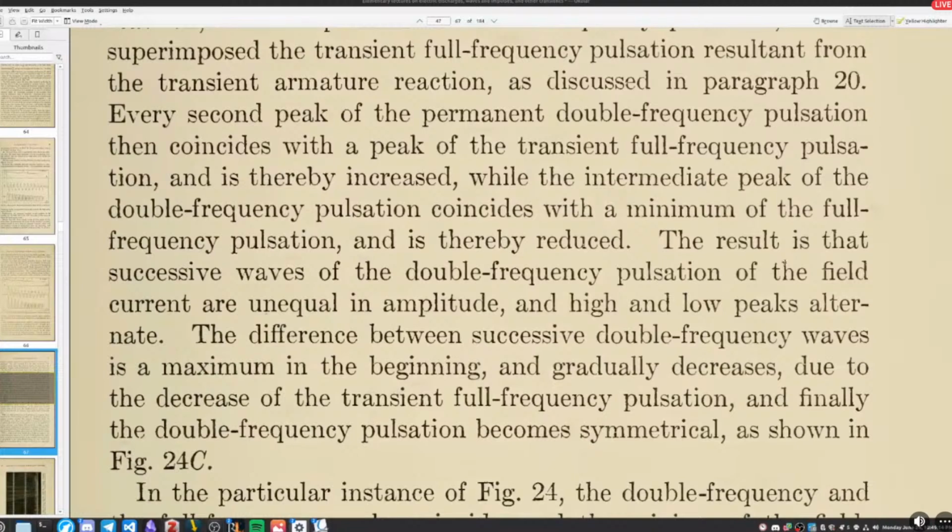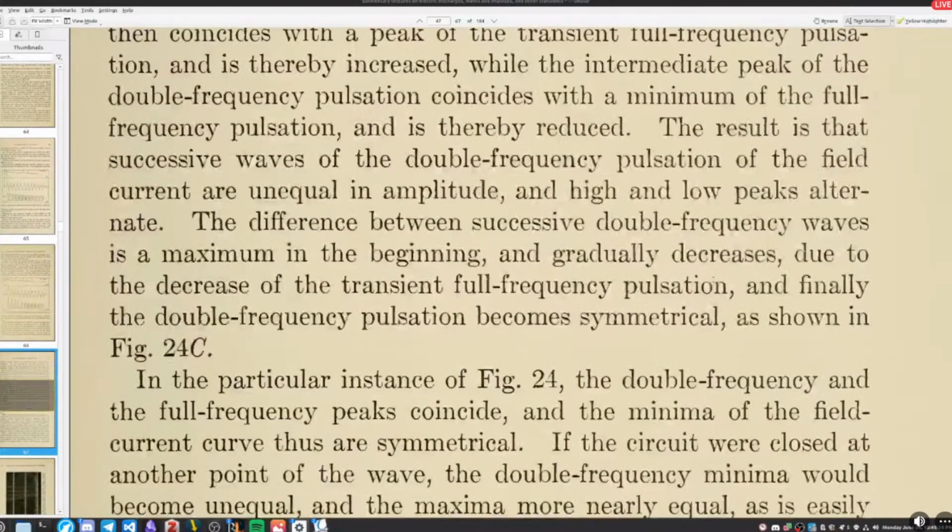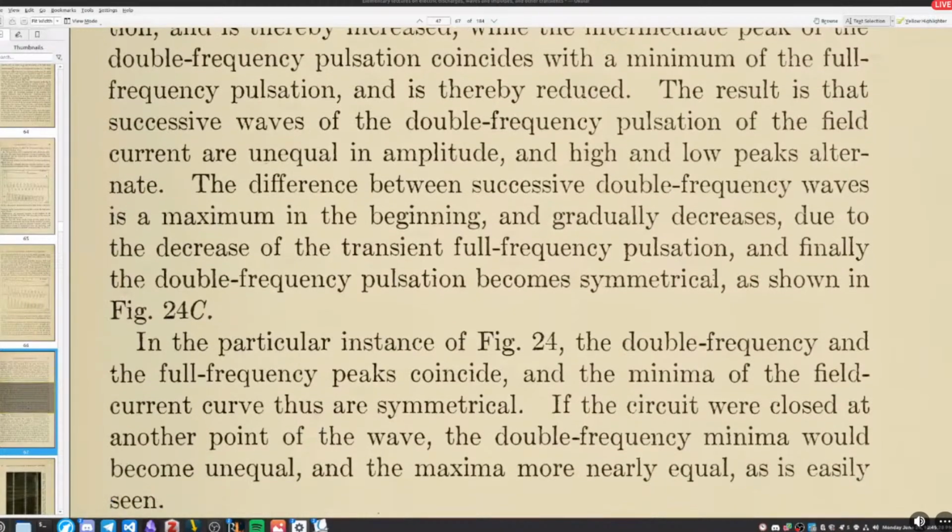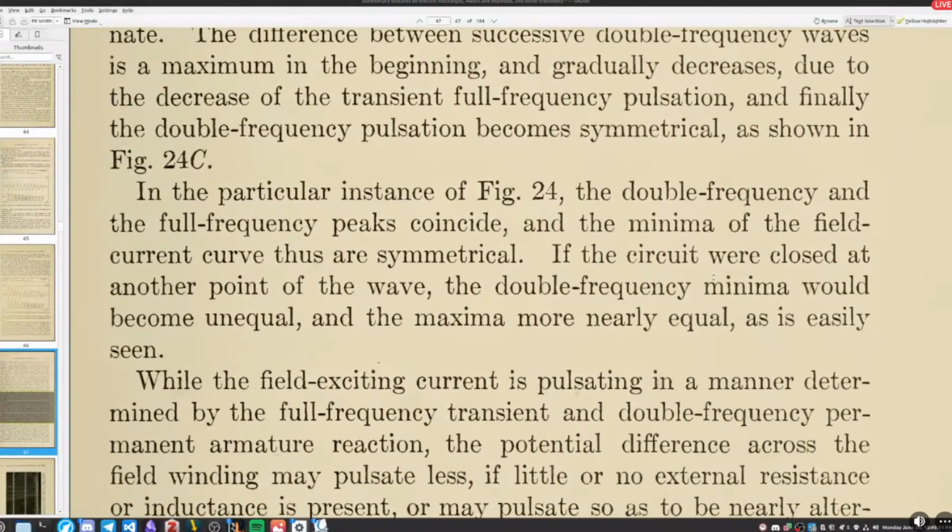The result is that successive waves of the double-frequency pulsation of the field current are unequal in amplitude, and high and low peaks alternate. The difference between successive double-frequency waves is a maximum in the beginning and gradually decreases due to the decrease of the transient full-frequency pulsation, and finally the double-frequency pulsation becomes symmetrical, as shown in Figure 24C.